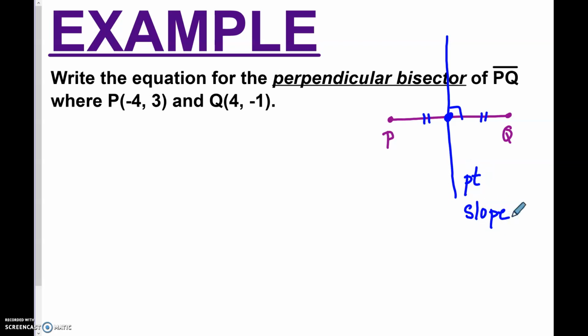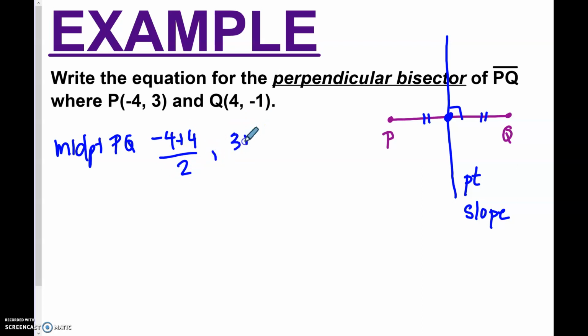All right, well, can we find either one of those things given the information of knowing what PQ is? What do we know very specific about that point? That point is the midpoint of PQ. We already went over how to find the midpoint of something. We add up the two x values and divide by 2.